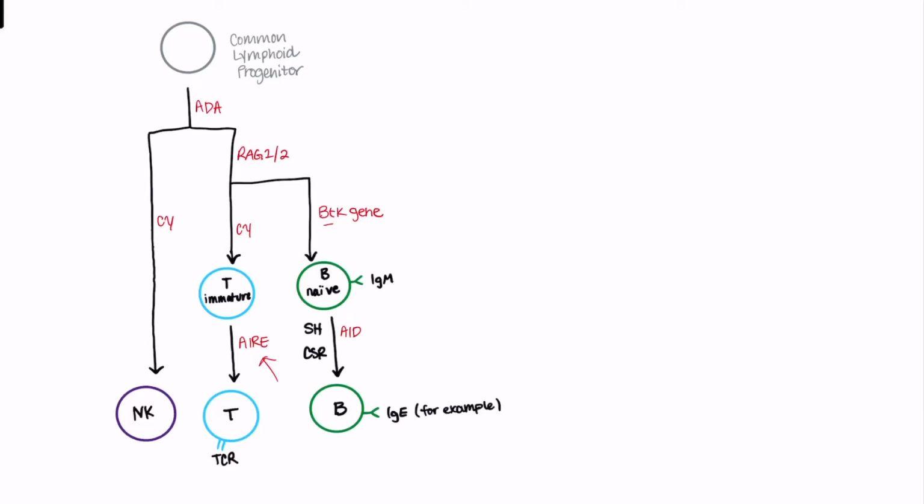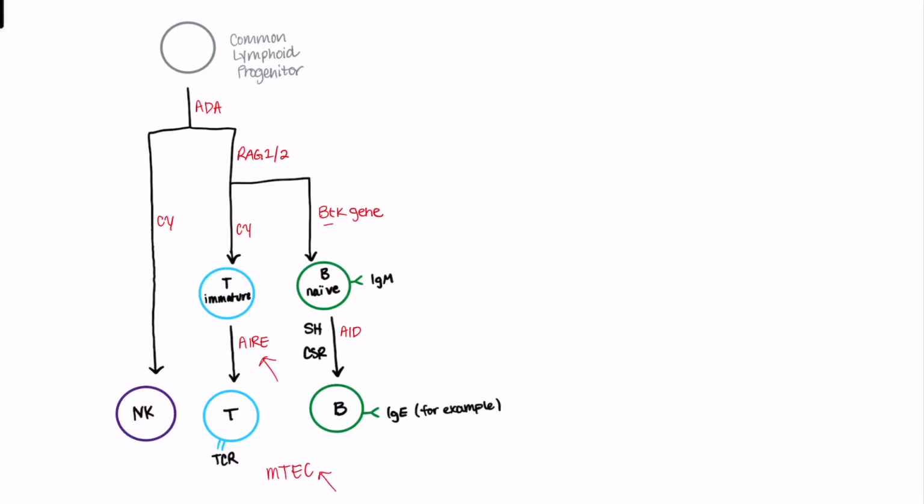And then the protein AIRE is actually a component of cells called mTEC. You have cTEC and you have mTEC. cTEC is in the cortex, mTEC is in the medulla. TEC stands for thymic epithelial cells, and mTEC specifically is involved in negative selection. cTEC would be involved in positive selection.